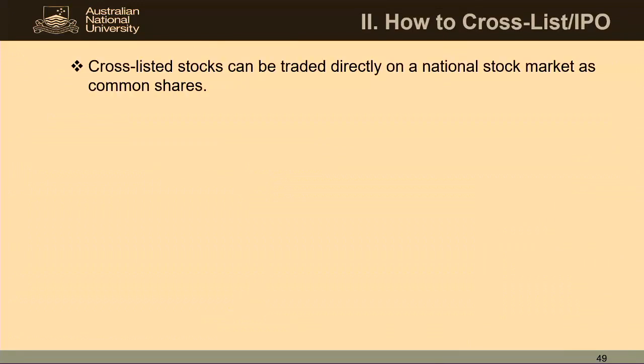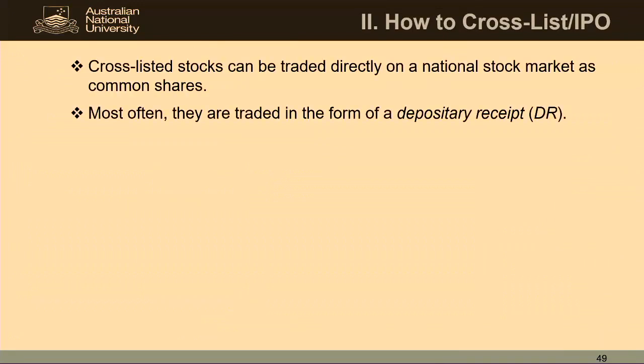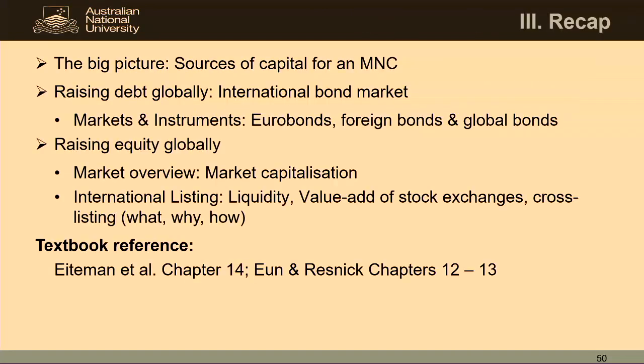How do we cross-list? Most often, cross-listed stocks can be traded directly on a national stock market just as a common share. Other times, especially in the case of the Chinese IPOs, they are traded in the form of depository receipts, called DRs. There's going to be an extension in the next topic, but that pretty much sums up the international bond market and the equity market.